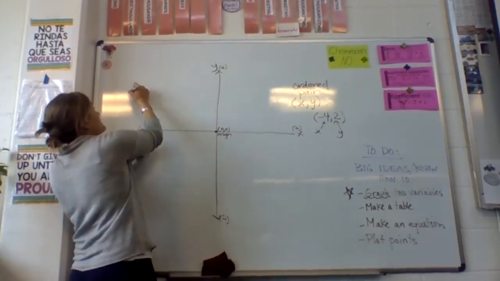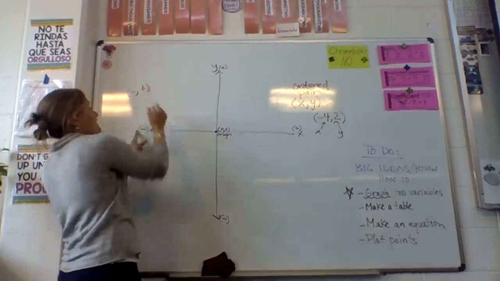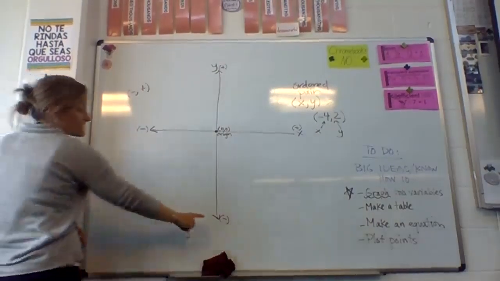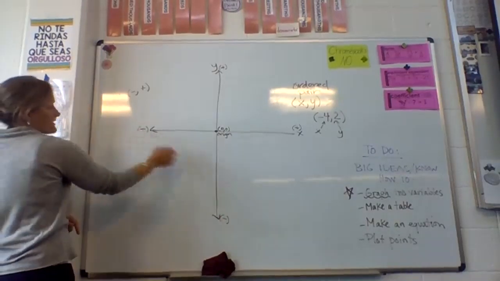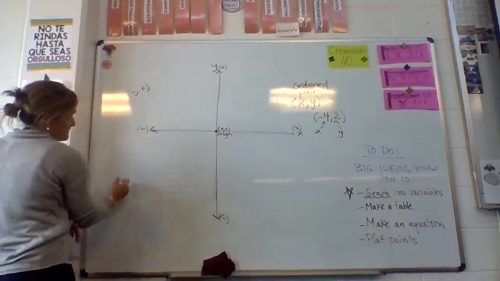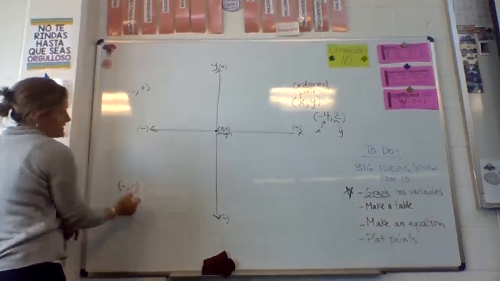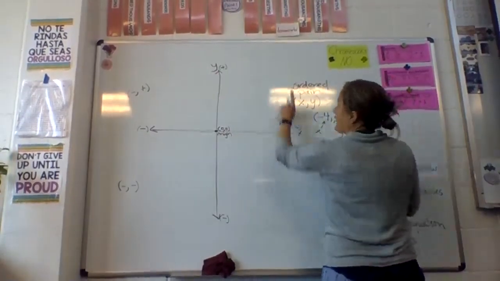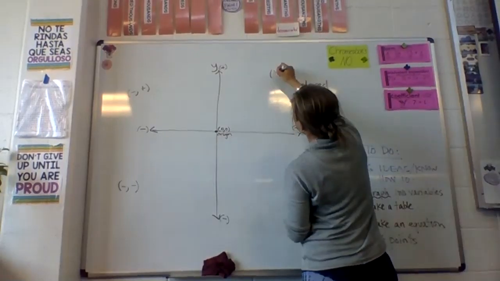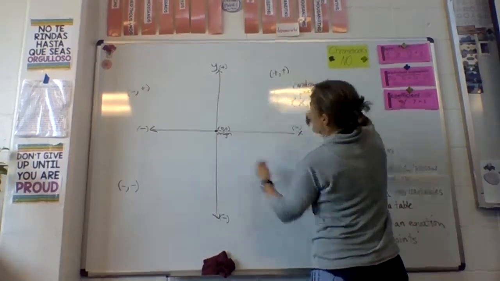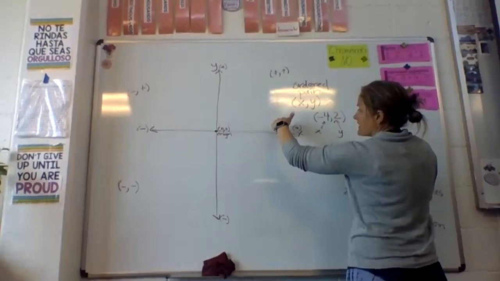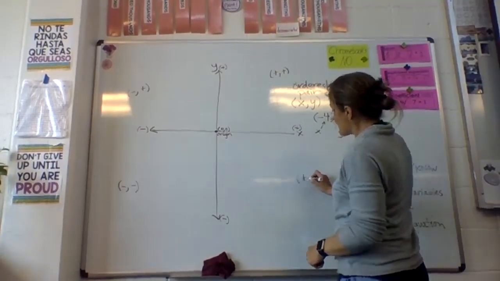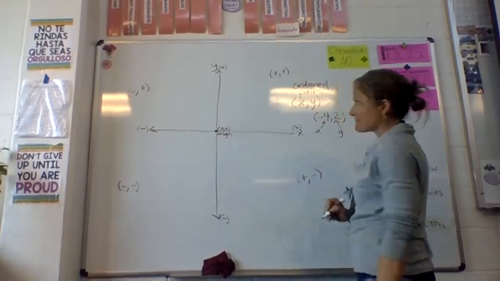This is negative x, positive y. This is negative x, negative y, because now we're in negative y and negative x over here. And then here we're in the positive x direction and positive y. So this is positive, positive. This is positive x, and then you have to go negative y to get down here. So this is positive x, negative y.